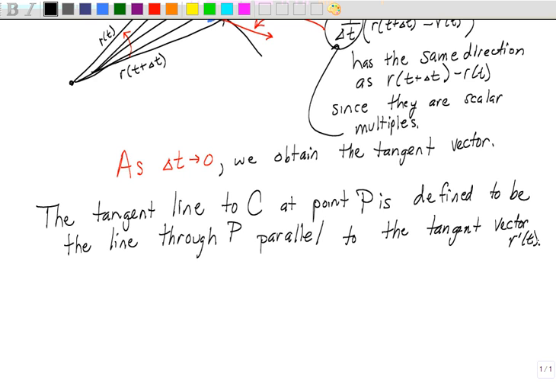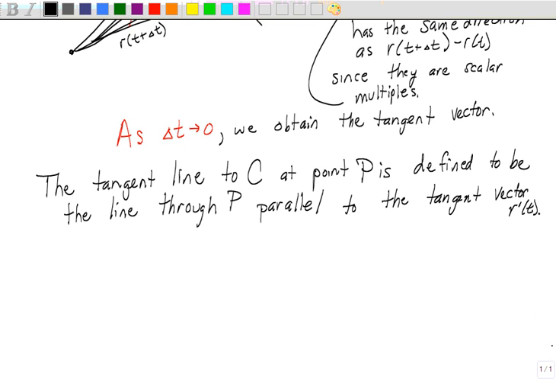We'll get the equation of the tangent line in a minute. Let's just do a basic example.